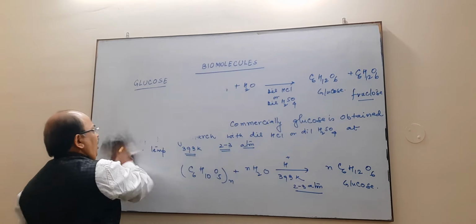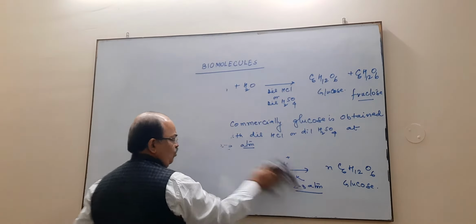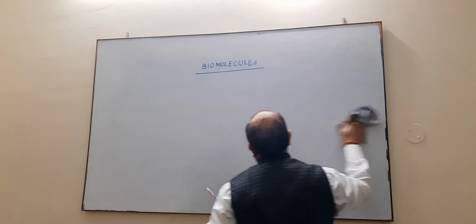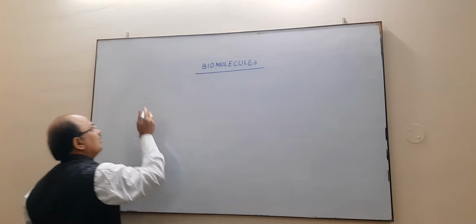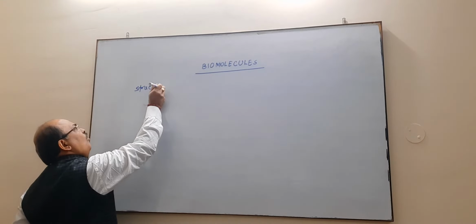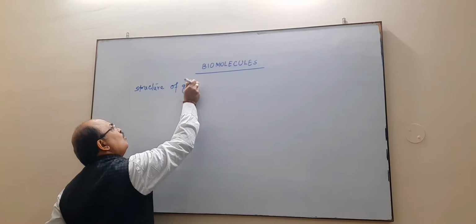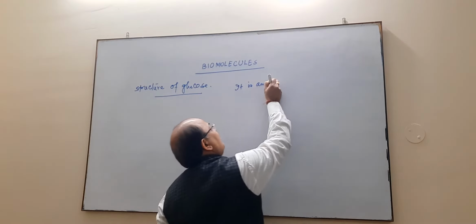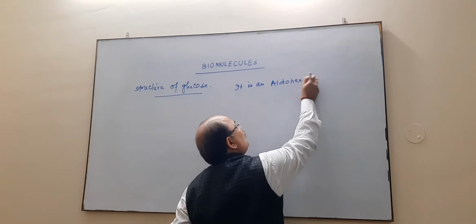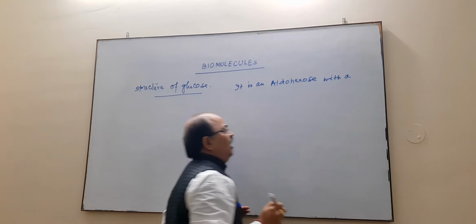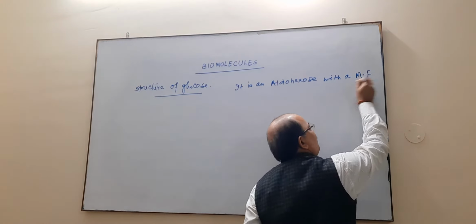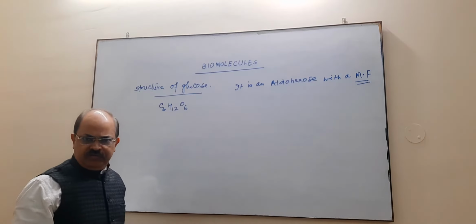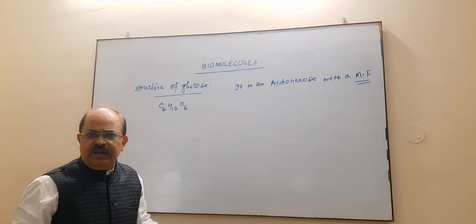Now next is the structure of glucose. So glucose is an aldohexose with a molecular formula, in short MF, C6H12O6, and you may easily calculate its molecular weight.